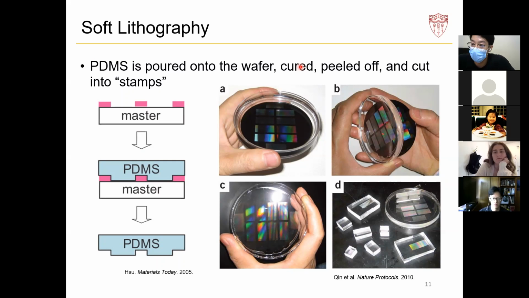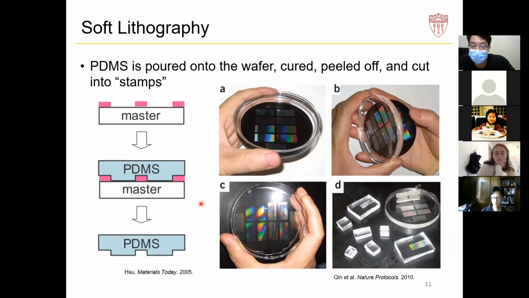Once the PDMS hardens, it's a more rubbery silicone material. Then we can peel off the PDMS stamp, as you can see here, that's hardened from the silicon wafer. And then we can cut our PDMS stamps into smaller bits so that we can use them as stamps.